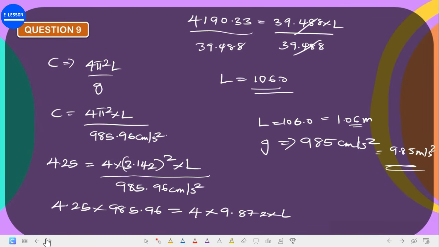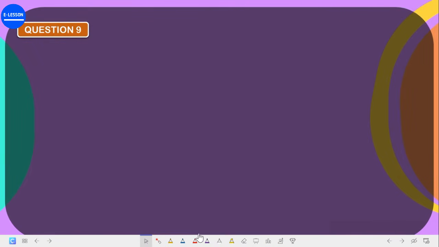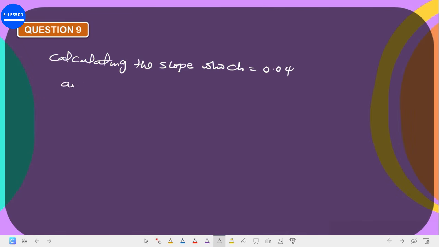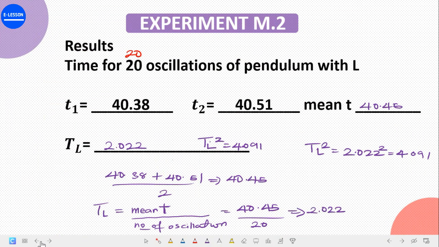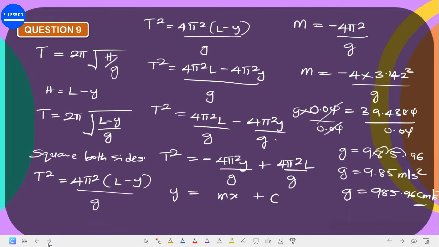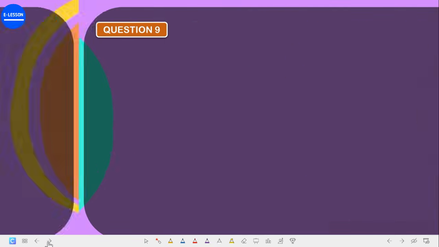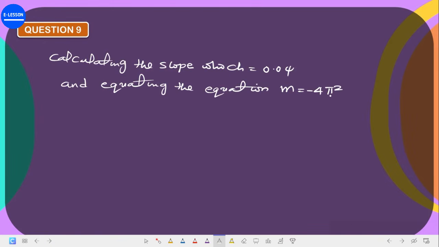This setup can be used to ascertain the value of G by calculating the slope, which in this case is 0.04, and then equating the slope to the equation from the calculation we did for the slope, which is m is equal to minus 4 pi squared over g.